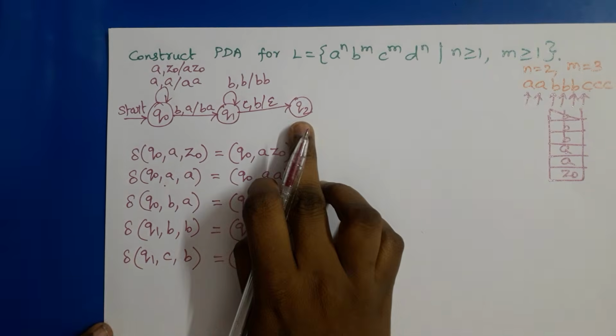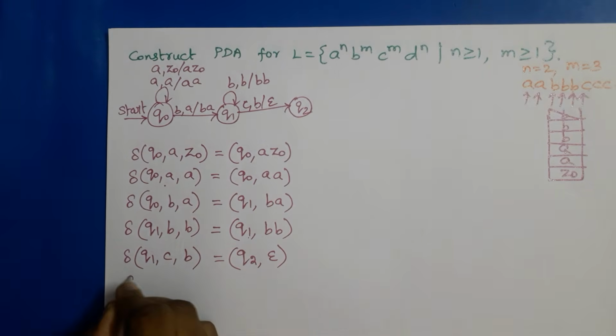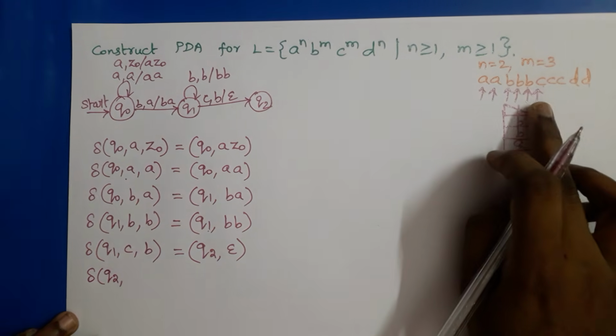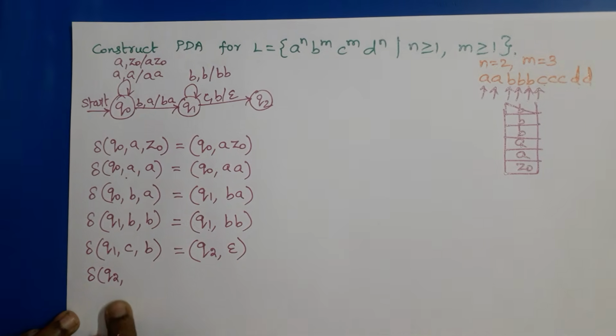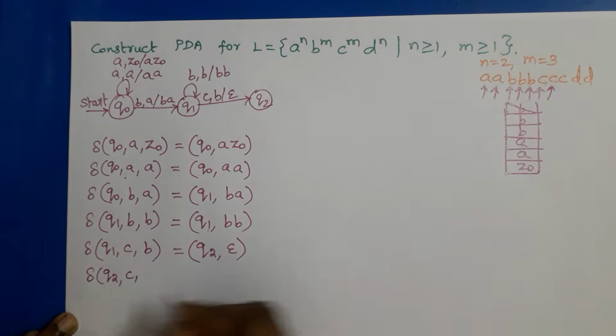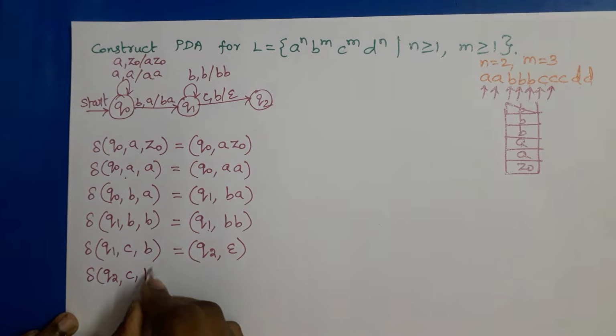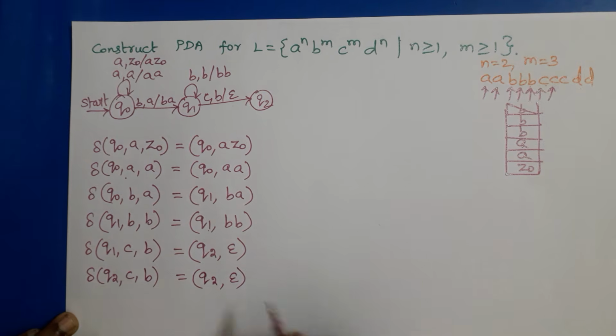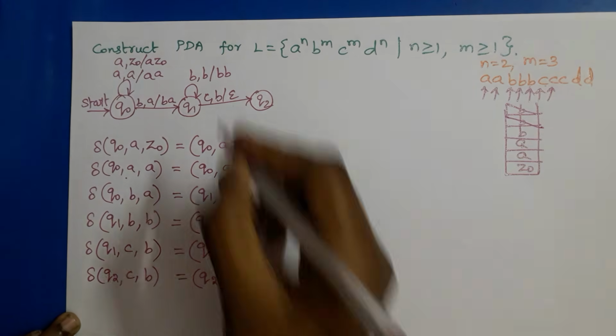So now we are in state Q2, and for the recursive step, for the number of C's we need to write the next step. Q2 is the current state, C is the next input symbol. Again the top of the stack is B, so we remain in the same state Q2 and pop another symbol. So this B is also popped from the stack.